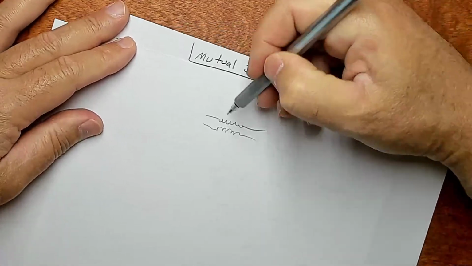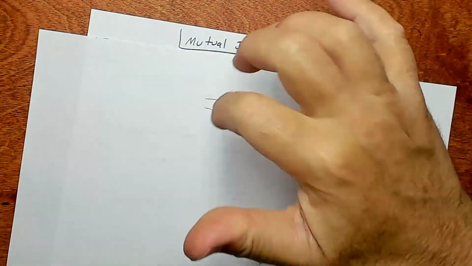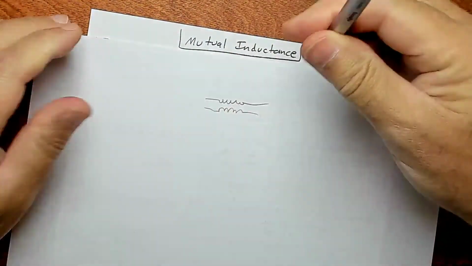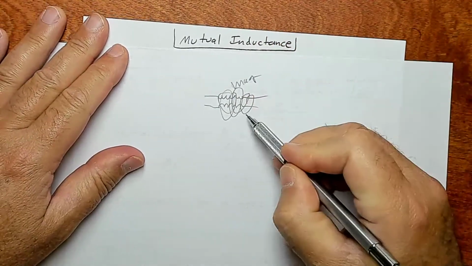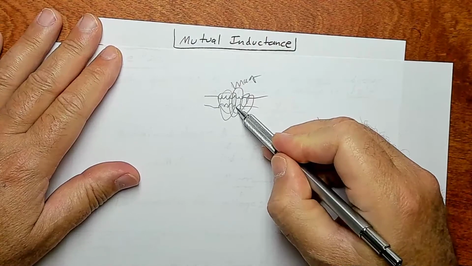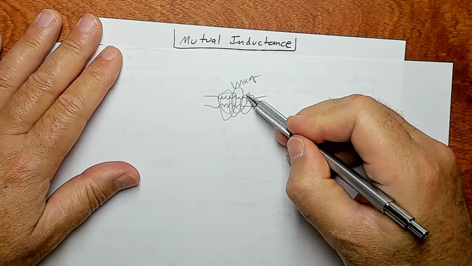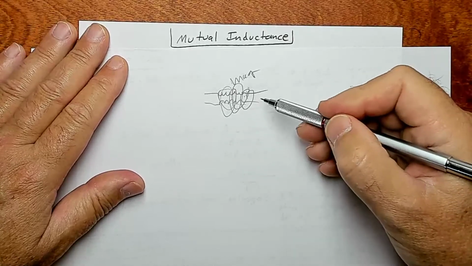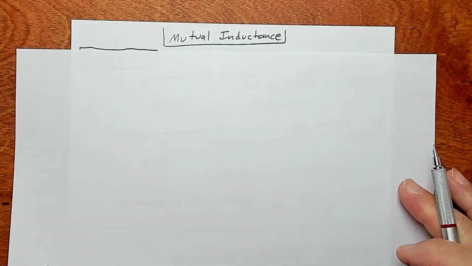There's the right-hand rule: the current's going this way, you've got the magnetic field going along your fingers. There's all that stuff going on, so there are magnetic fields going around this. So the magnetic field generated by one inductor is going to permeate the other inductor and induce a current, and vice versa. Okay, that's the basic idea of mutual inductance.